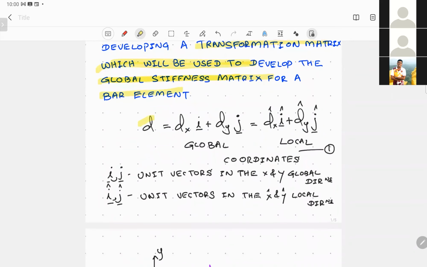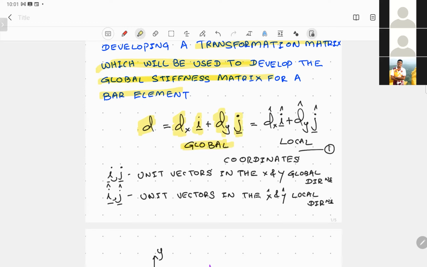So we consider a vector D. If we express it in terms of the global coordinate system, and we are only in two dimensions now, we have two unit vectors i and j, which are multiplied by coefficients d_x hat and d_y hat. These are the displacements defined in the global coordinate system in the x and y direction.